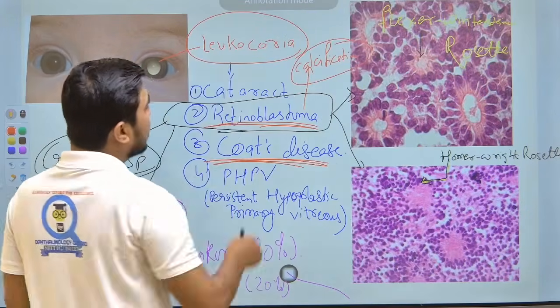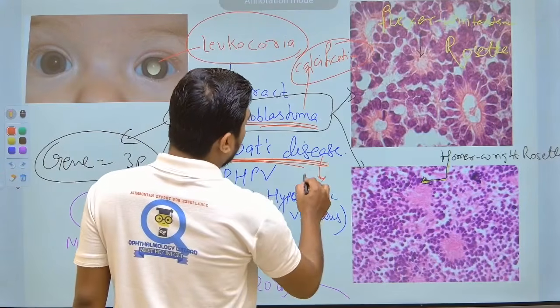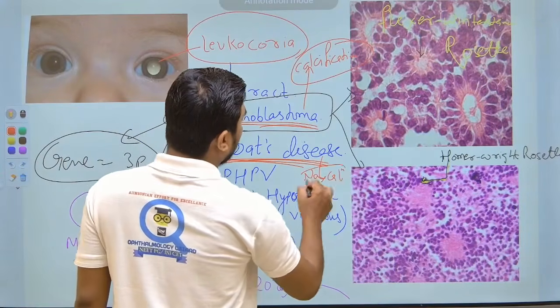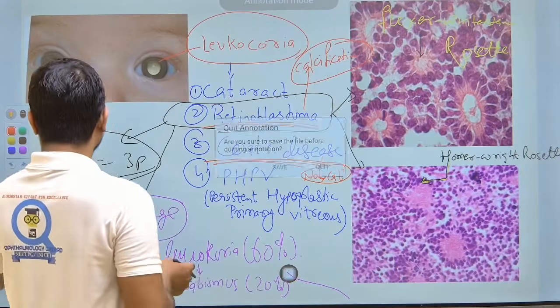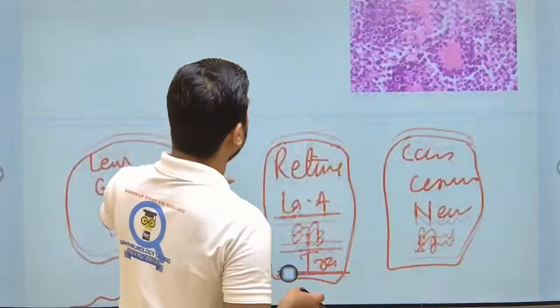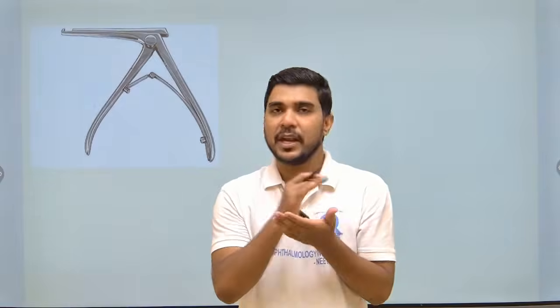Calcification is a feature of retinoblastoma, and Coats has no calcification, right? So this is all about retinoblastoma that you have to learn. Now we have completed almost every image of the retina.